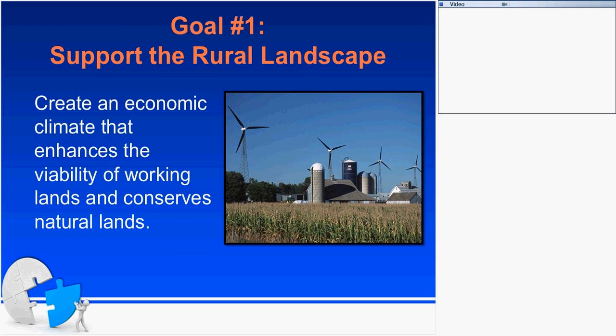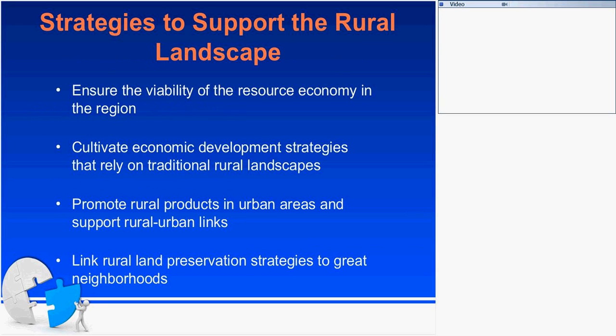So basically, goal 1 is to support the rural landscape, creating an economic climate that enhances the viability of working lands and conserves natural lands. And then these are the strategies that help implement that goal.